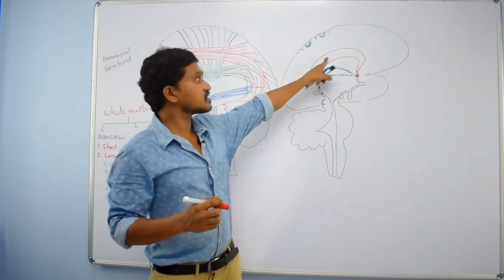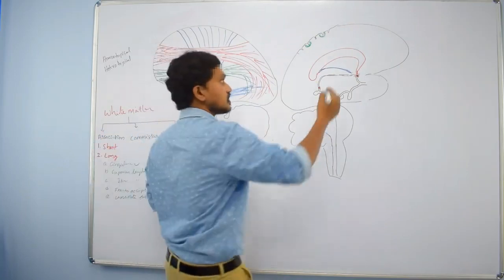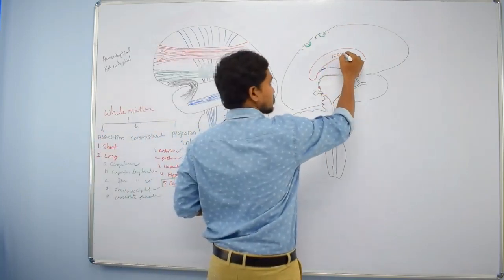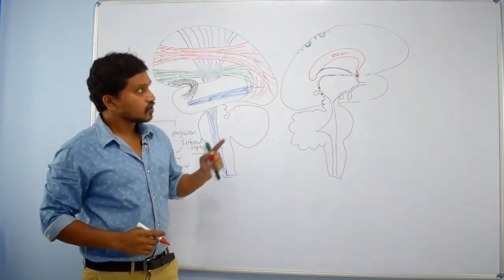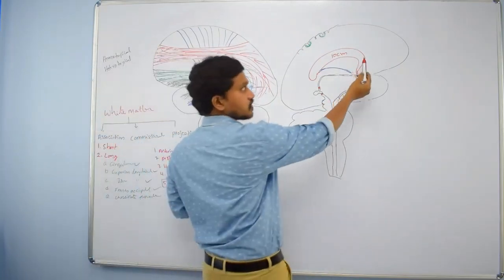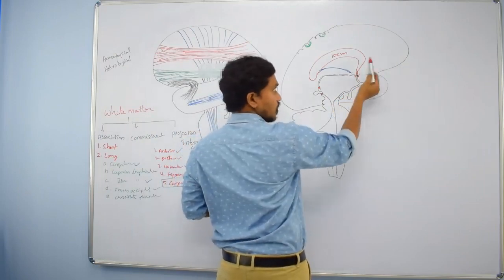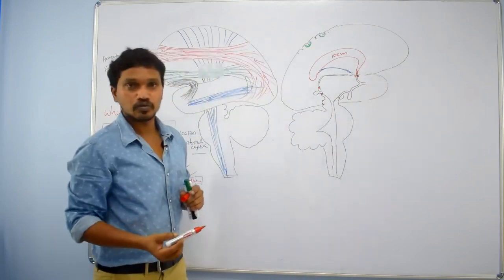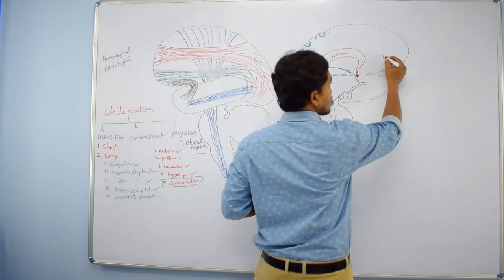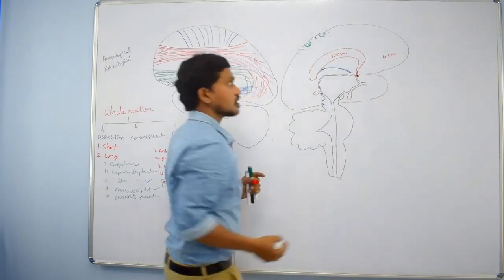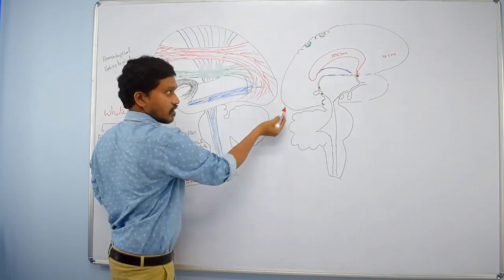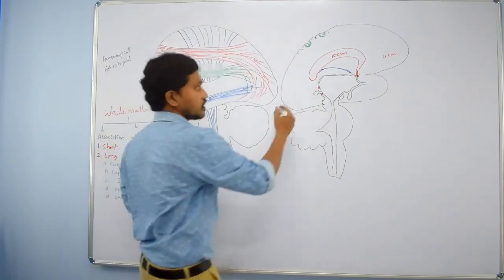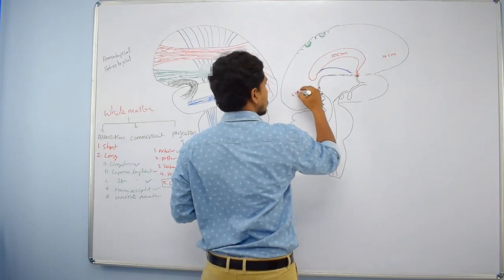The length of this corpus callosum is 10 centimeters. The distance between the frontal pole and genu is around 4 centimeters, and the distance between the splenium and occipital pole is around 6 centimeters.